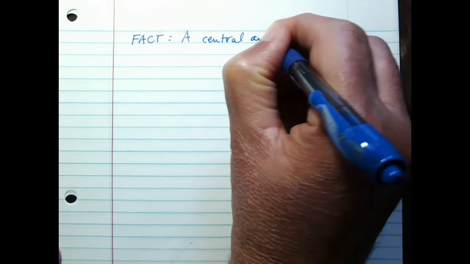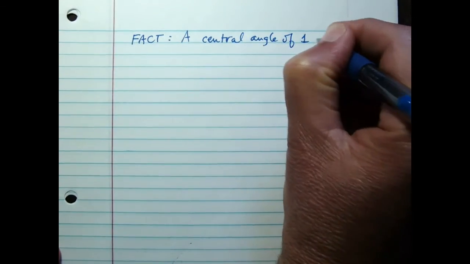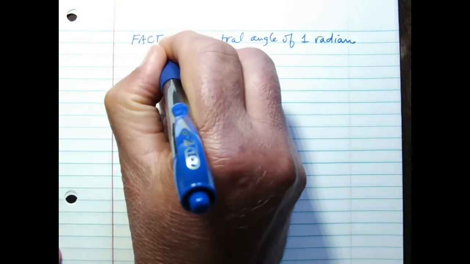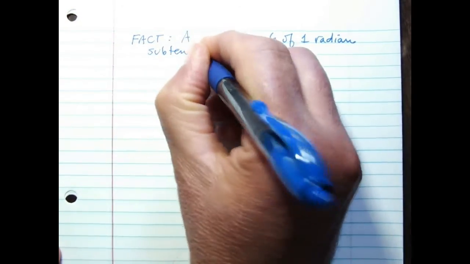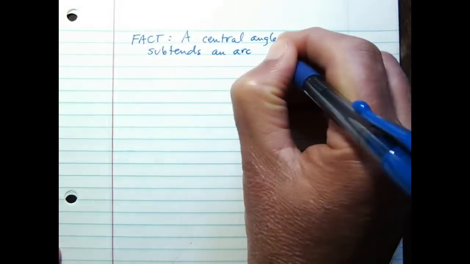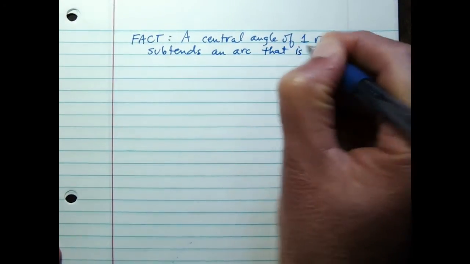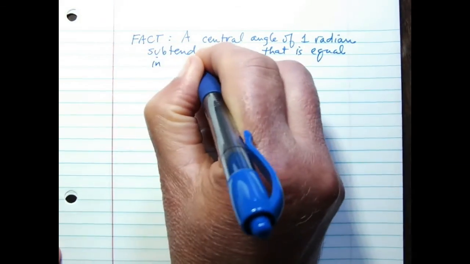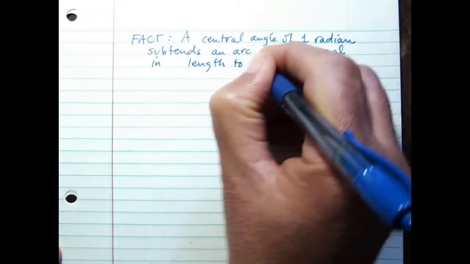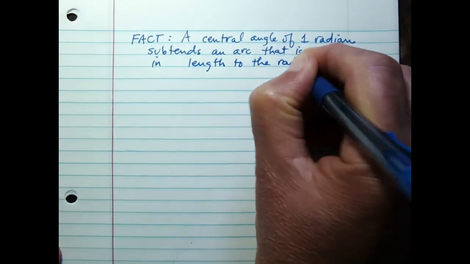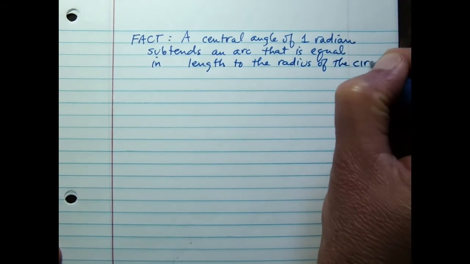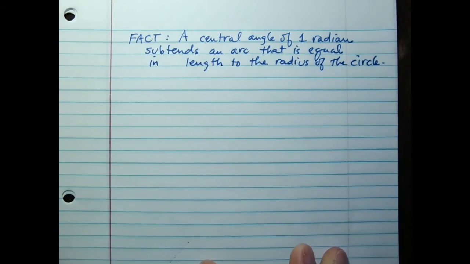A central angle of 1 radian subtends an arc that is equal in length to the radius of the circle. So you've got to have a circle if you have a central angle.